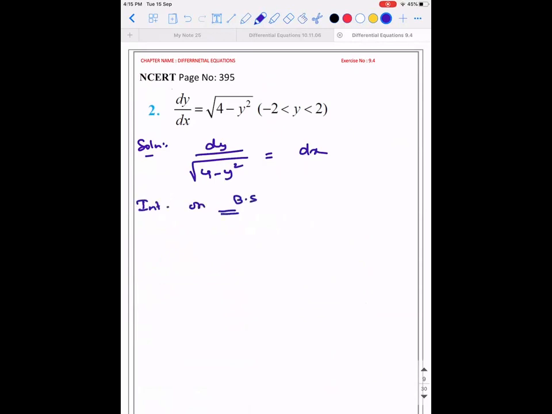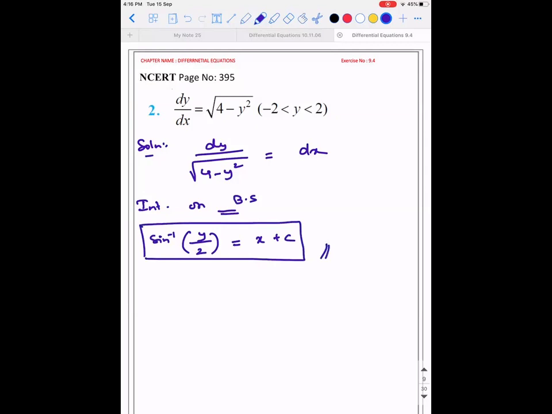The integral of 1 by root of a square minus x square is sin inverse x by a. So sin inverse y by a is equal to x plus c. Here a is how much? 2. That's right. Sin inverse y by 2 is equal to x plus c. That will be the required answer.